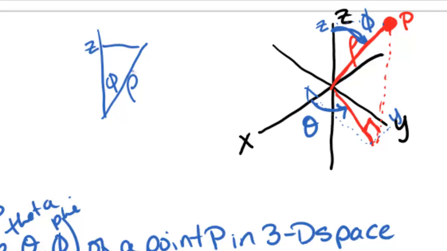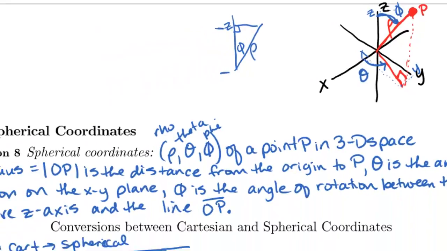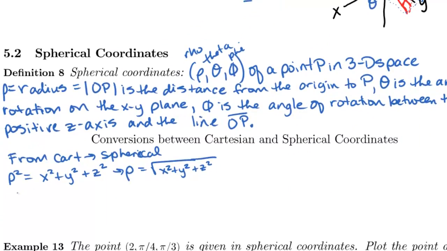So you have your radius, your distance z, and your angle. If this is a right triangle, you've got your adjacent piece and your radius, so that would be cosine. So cosine of phi is equal to z over rho, or if you want to solve for phi, it's just going to be cosine inverse of z over rho.